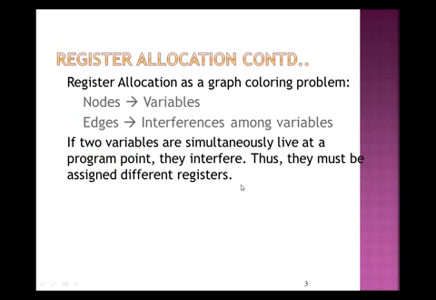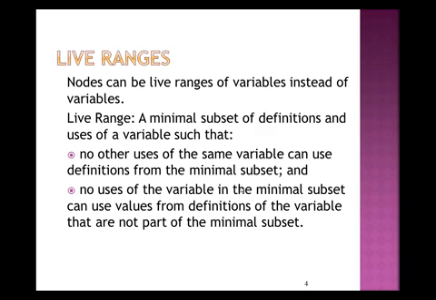Then we studied the nodes, which are only variables, and the edges, which are the interference, the lines among the variables. Then we talked about live ranges, that is how we can use the subsets of the definition and use of the variable so that no other variable uses the same name.